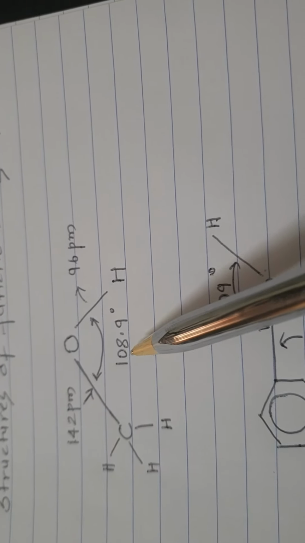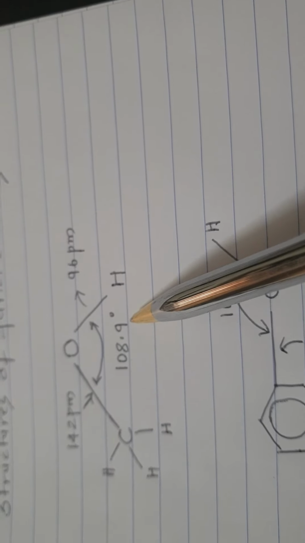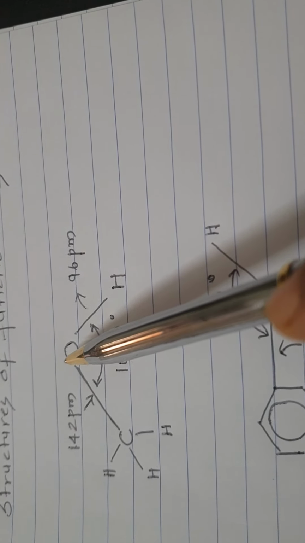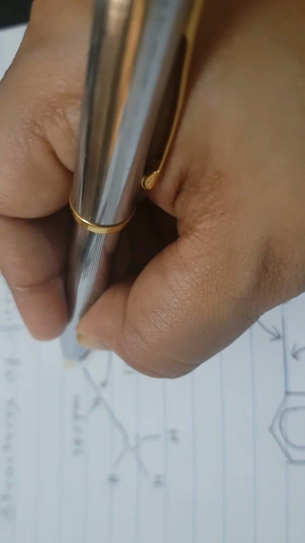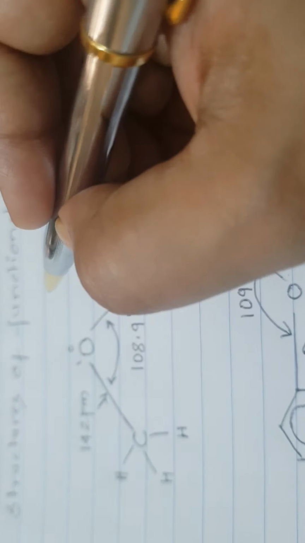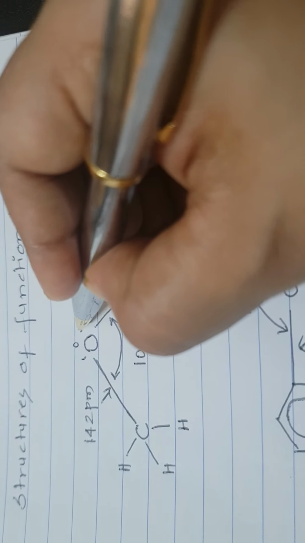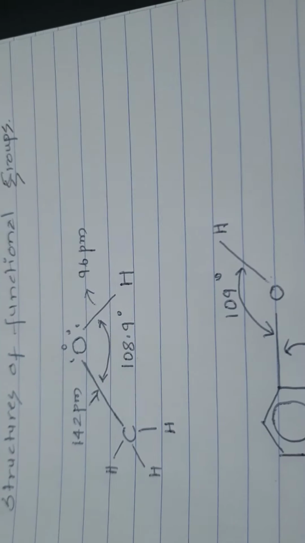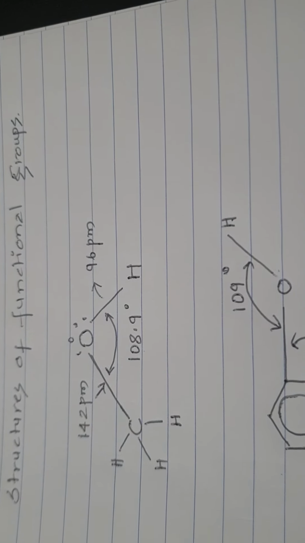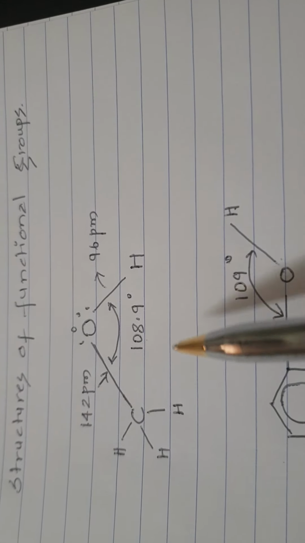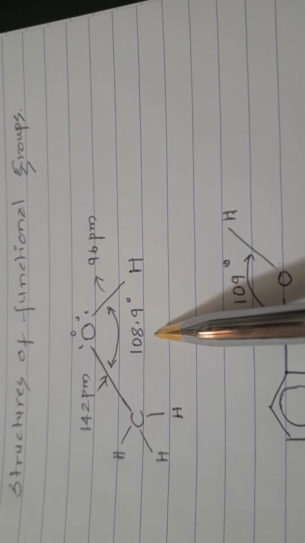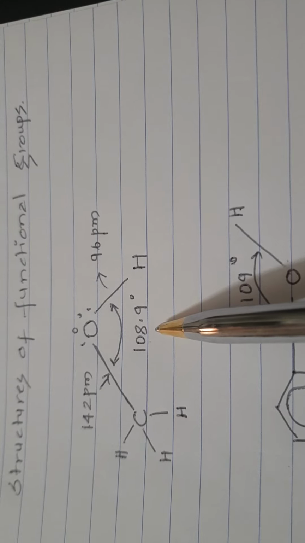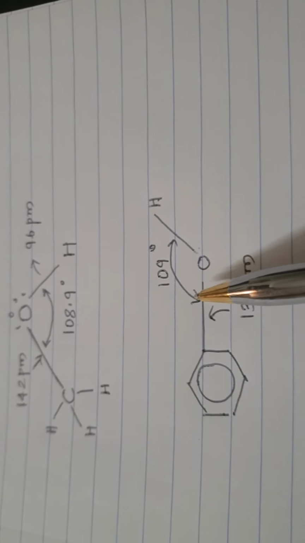Know that the angle is a bit less because of a repulsion that we find over here in the case of the lone pairs of electrons which are present on oxygen. So these lone pairs repel, because of which we find a slightly smaller angle in the case of alcohols.